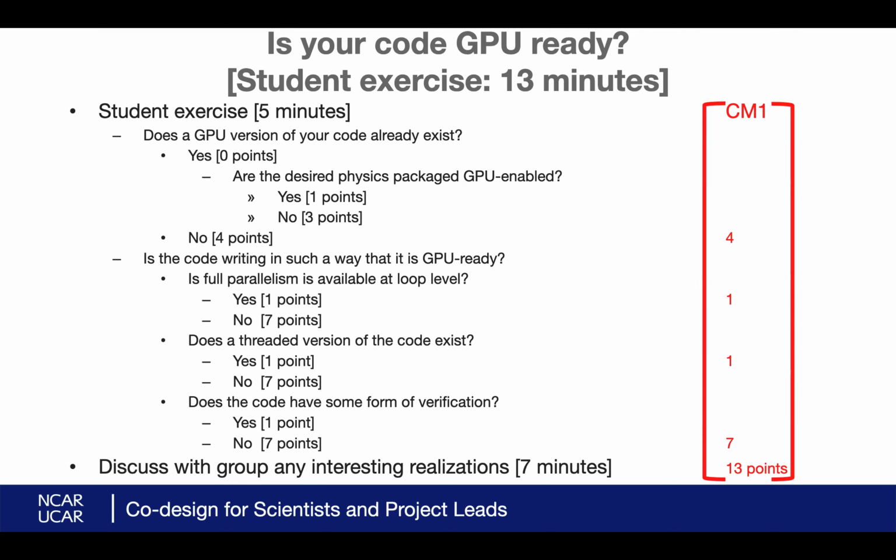And it does have some built-in verification, at least dimensional consistency testing. This is kind of a cool testing thing that Bob Hallberg developed. And we can do exact restarting, that kind of thing.